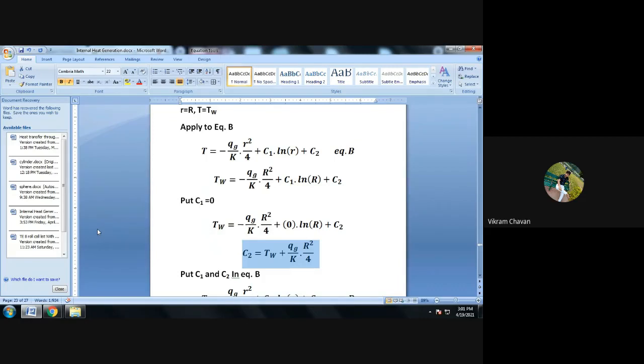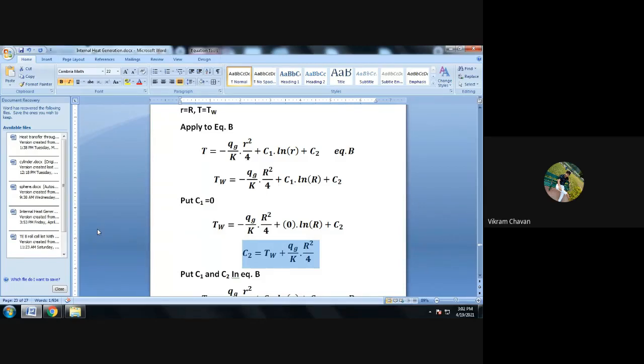Now we have applied the second boundary condition, that when r is equal to capital R, at that time T is equal to Tw. This boundary condition we have applied to equation number B, which is our general heat conduction equation with the constants, and we get the equation for C2.